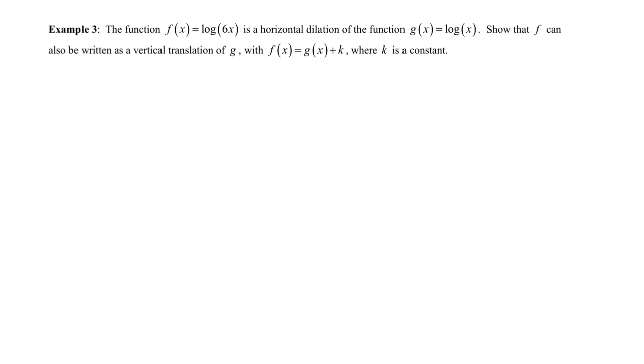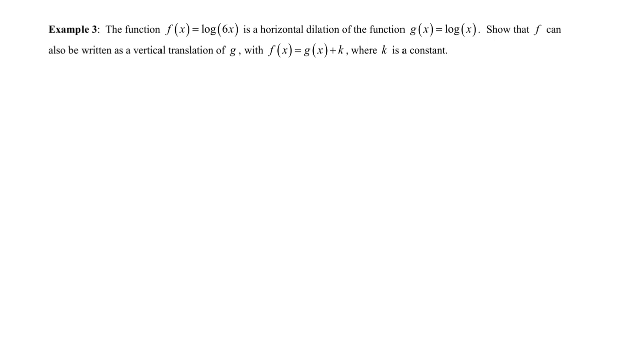All right, example 3. The function f of x equals log of 6x is a horizontal dilation of the function g of x, which is equal to log of x. Let's just review, what kind of horizontal dilation do we have here? Is it multiplying by 6? What are we doing? Remember, when it's in the parentheses, it is the opposite of what you think.